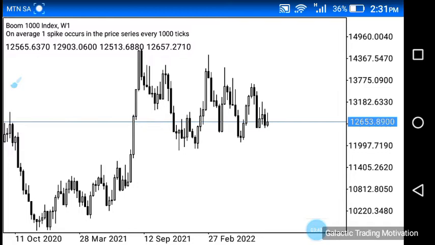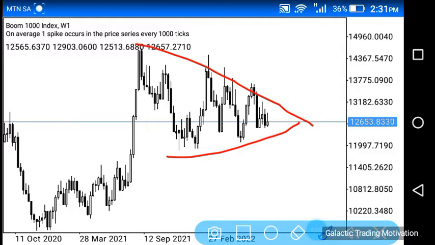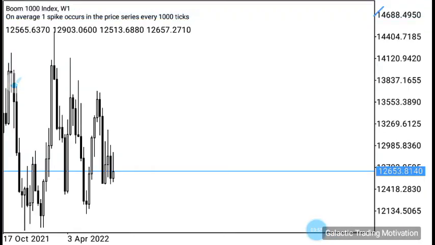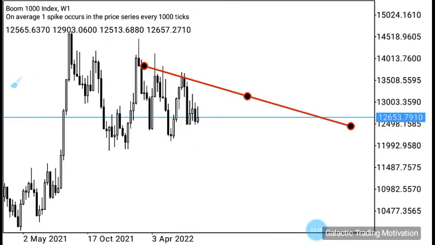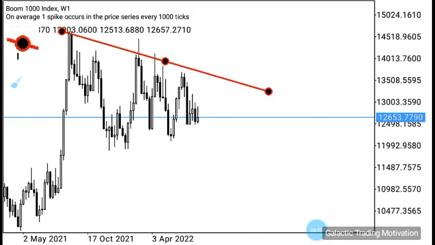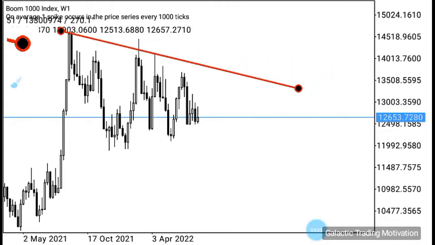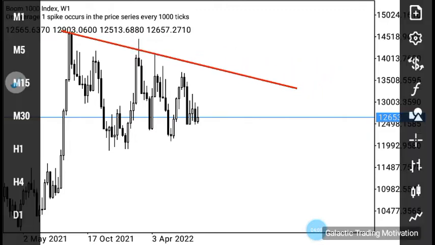So on the monthly chart, we spoke about this triangle over here, right? In fact, let me just add an actual triangle so that we don't forget about it. Just bear with me. We have something like this.